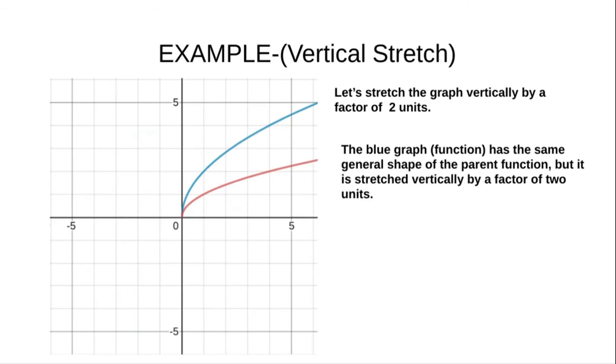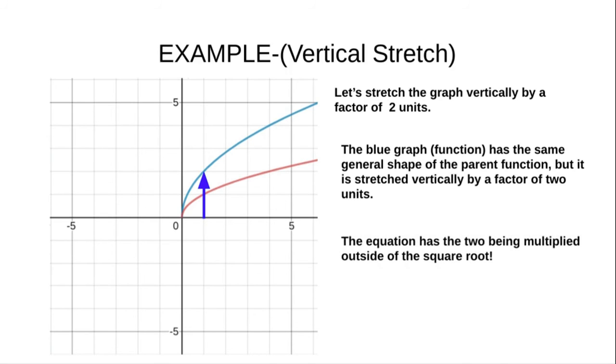So it doesn't look exactly like the parent function, but it has the same general shape. And you will see that my blue function is the same as the red function, but that arrow is kind of letting you know you're stretching it vertically by that factor. And of course, the equation has the 2 that's outside of the square root. So that's what a vertical stretch looks like by a factor of 2.